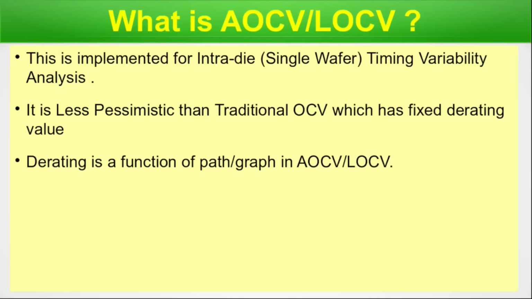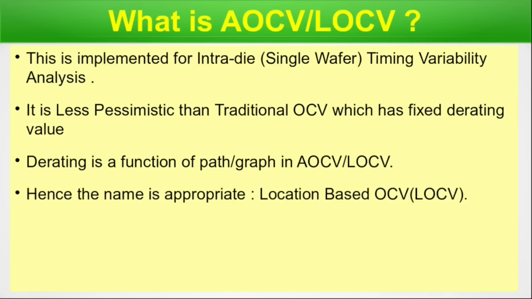Derating is a function of path or graph in AOCV or LOCV. As I just mentioned, if I go from one end to the other end of a single wafer, how we move on top of the wafer, definitely there will be a path. And the graph is another concept in VLSI, especially in timing. So derating here in AOCV is a function that is dependent on path or graph. Hence, the name is appropriate: location-based OCV. Why is it important?